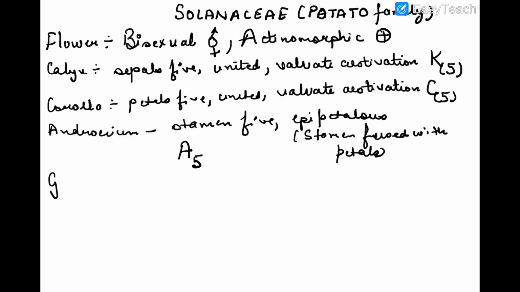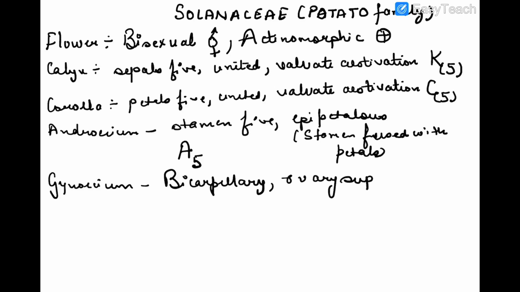And next, let's talk about gynoecium. Gynoecium is bicarpellary, means it has 2 carpels. Ovary is superior and gynoecium is bilocular, means it has 2 locules, 2 compartments.